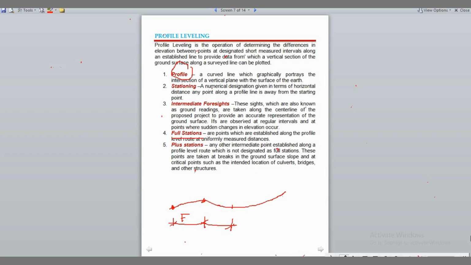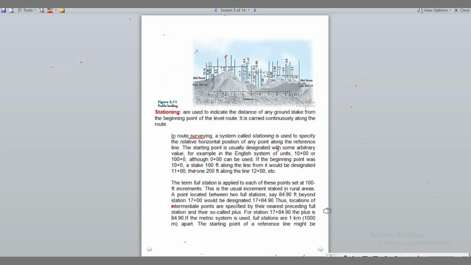Stationing is a numerical designation given in terms of horizontal distance at any point along a profile line away from the starting point. In route surveying, a system called stationing is used to specify the relative horizontal position of any point along the reference line.